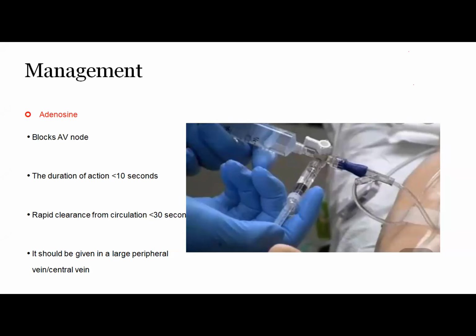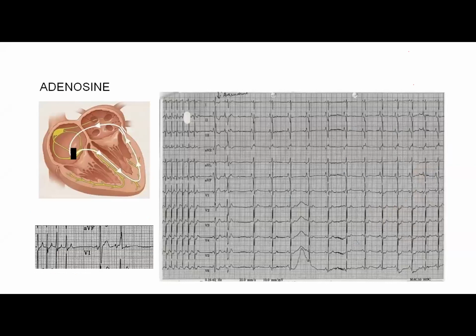Make sure you have 2 people while you administer this; a single person will find it quite difficult. Next. Adenosine will block the AV re-entry rhythm, and that will revert the rhythm from SVT to sinus rhythm, like we see on this ECG.